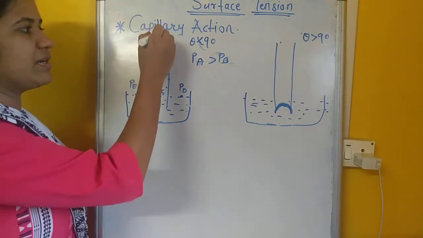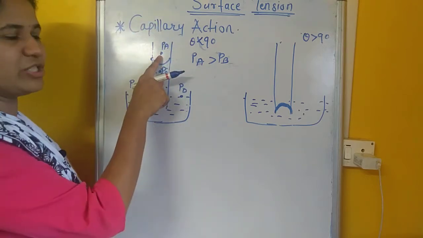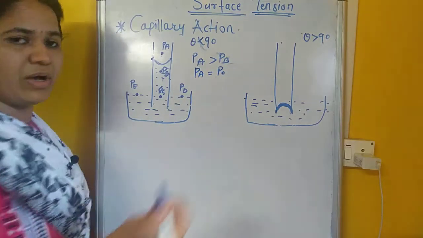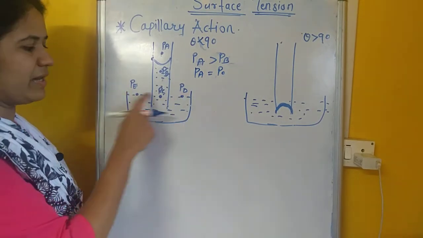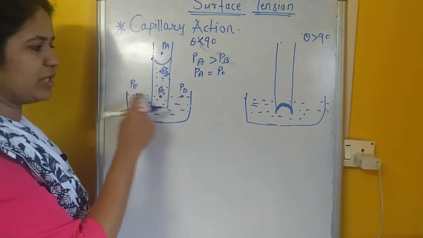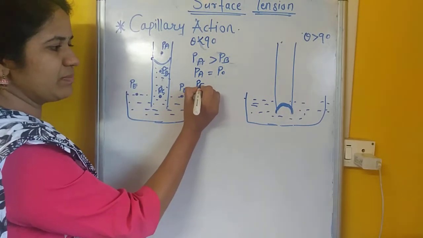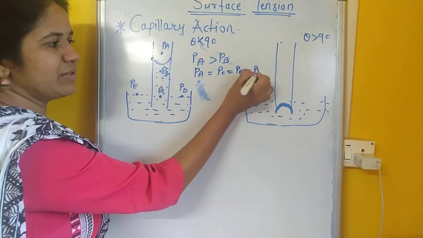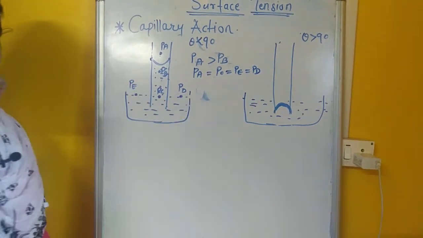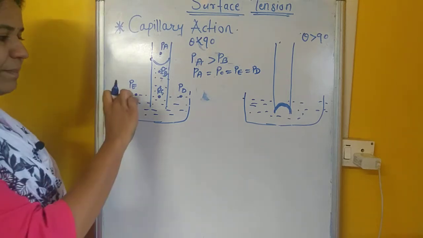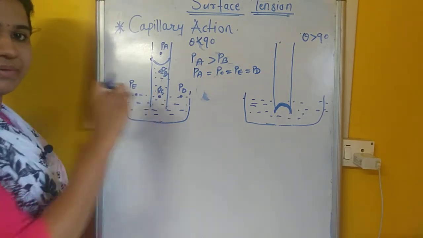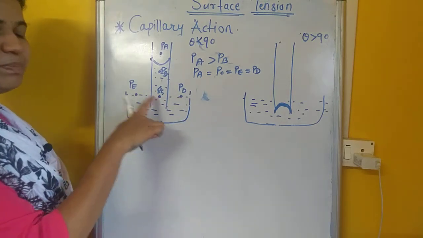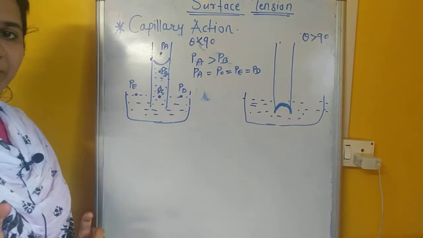But this is connected to the atmosphere, so pressure PA is atmospheric pressure. Understood? PE and PD are again points at the boundary line, so they are again atmospheric pressure. According to the hydrostatic paradox, the pressure at point C must be atmospheric pressure, because PE and PD are at the same height, so PC must be atmospheric pressure.